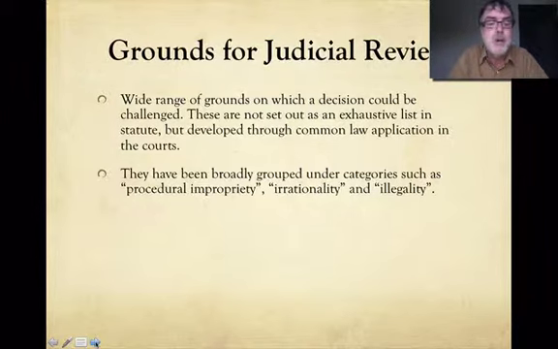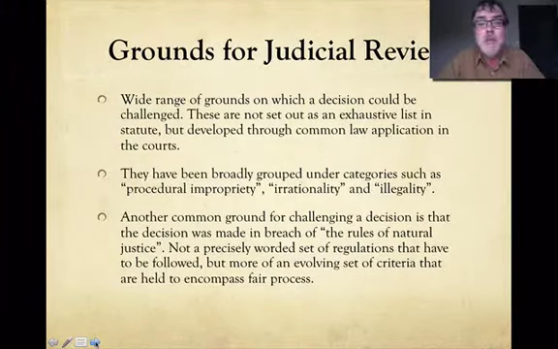There's also another common ground for challenging decisions, which is that the decision was made in breach of what have become known as the rules of natural justice. Now again, there are no specific rules of natural justice written in statute passed by Parliament. This isn't a precisely worded set of regulations. This is one of these nebulous things again about common law.